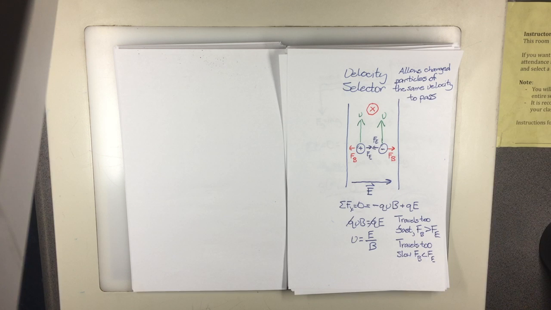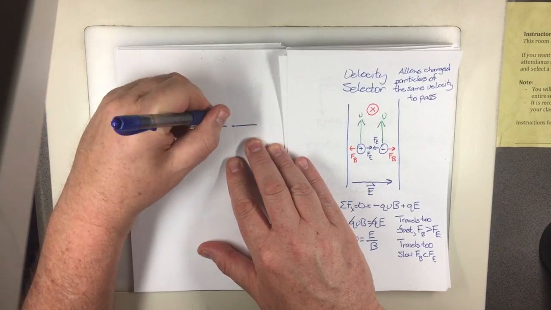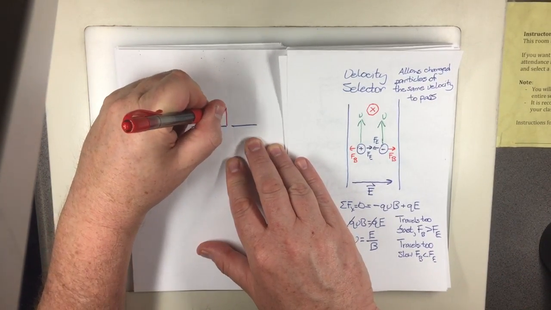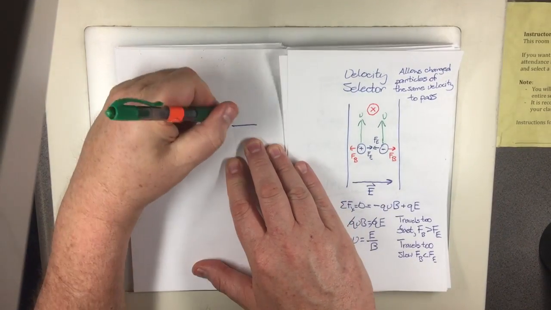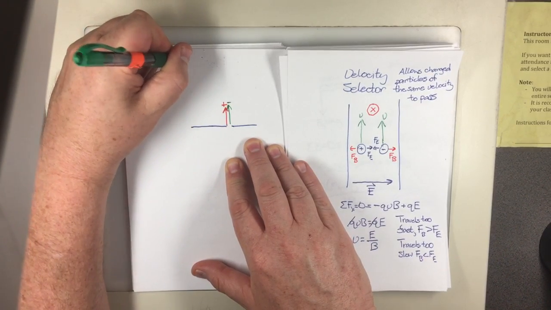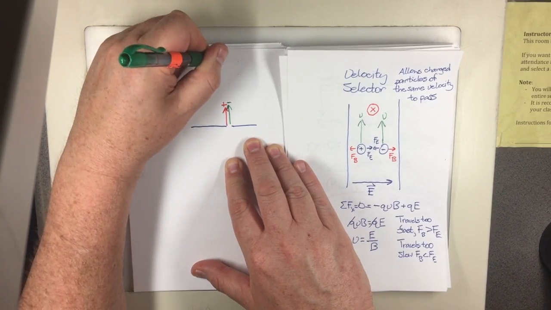Because you want to know specifically what the velocity is, to make it a known quantity. Because what you do is you fire positive and negative particles into a particle spectrometer.